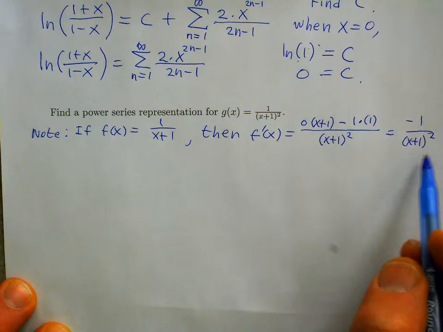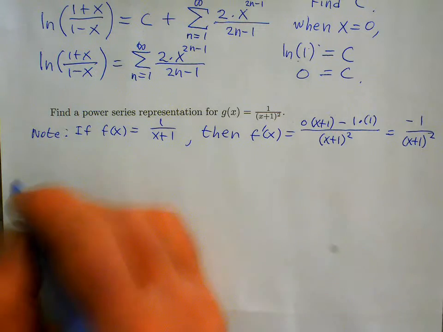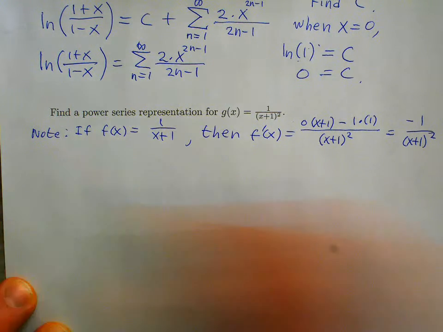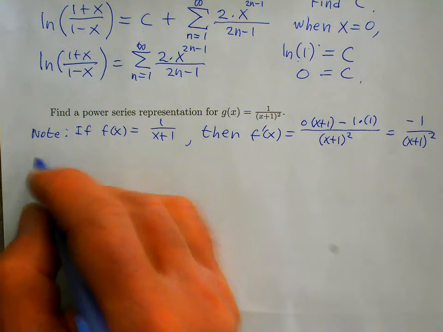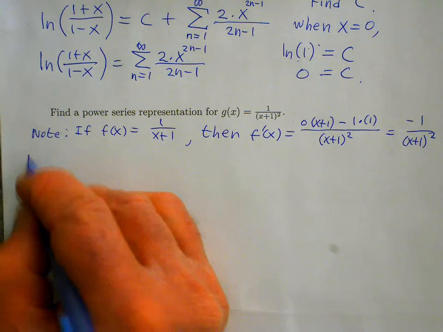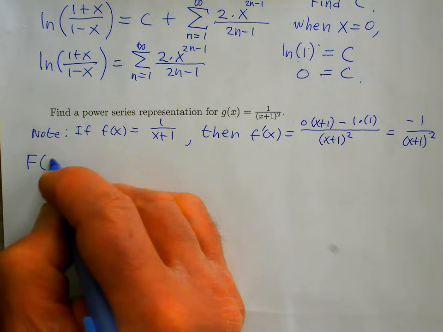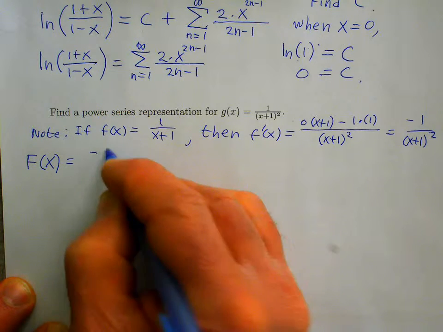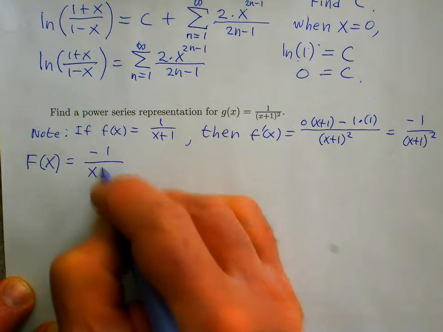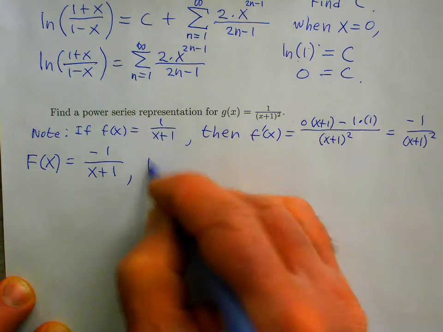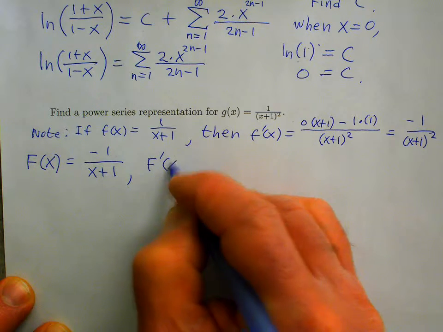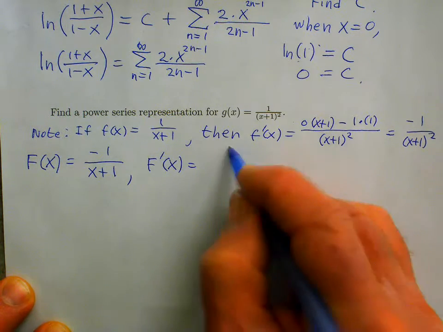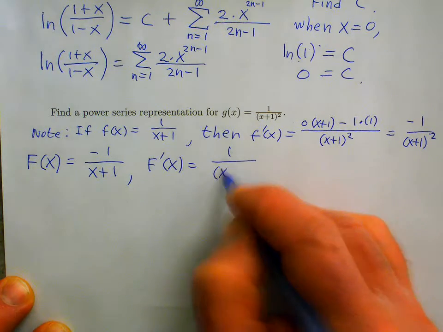So this gives us a hint. If we assign a function capital F of x to be negative 1 over x plus 1, then the derivative of that is positive 1 over x plus 1 squared.